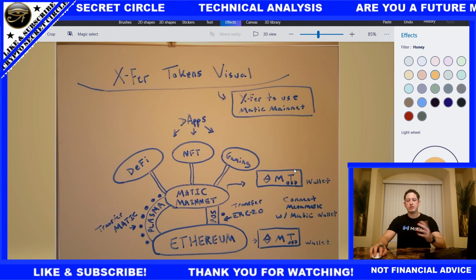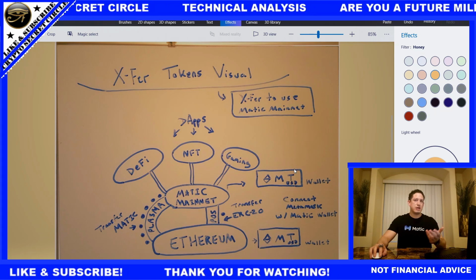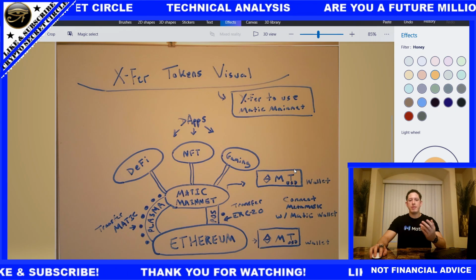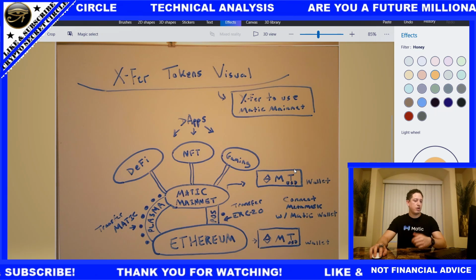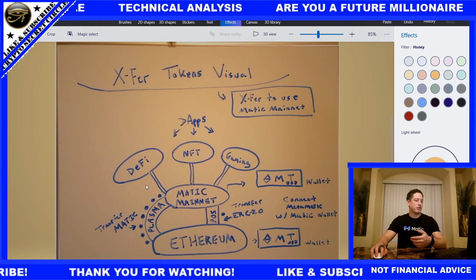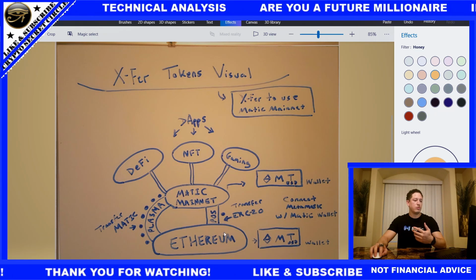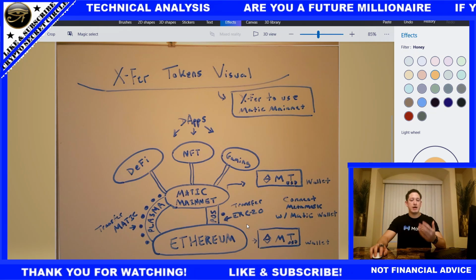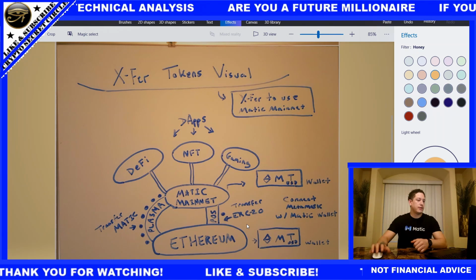Again, you do have to switch between the Ethereum network and the Matic network RPCs to visualize either the game or whatever you have on Ethereum at whatever point you're at.